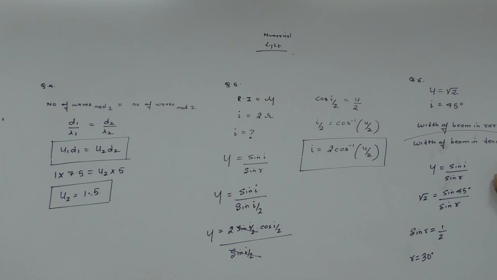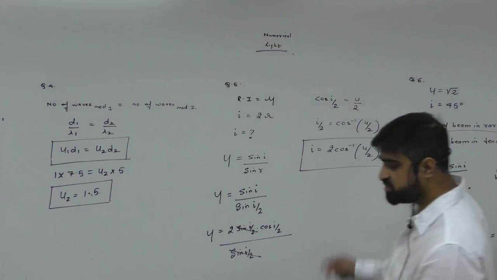Then width of beam in rarer to width of beam in denser is cos I, that is cos 45 by cos 30. Cos 45 is 1 by √2 and cos 30 is √3 by 2. So it is going to become root of 2 by 3, na? That will be the answer. And mark this important. It's very important.